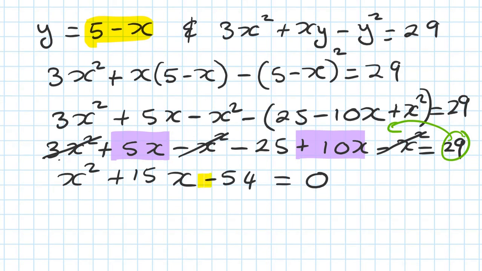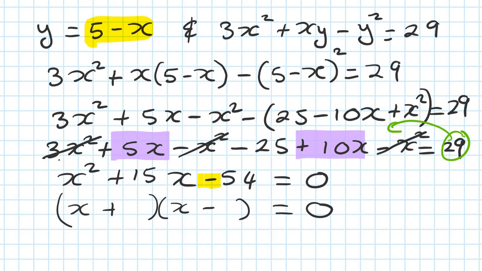Now because this is negative, I immediately write one plus and one minus first: x plus, x minus, equal to 0. Now you ask yourself: what times what gives me 54, and the difference is 15 because of the minus?